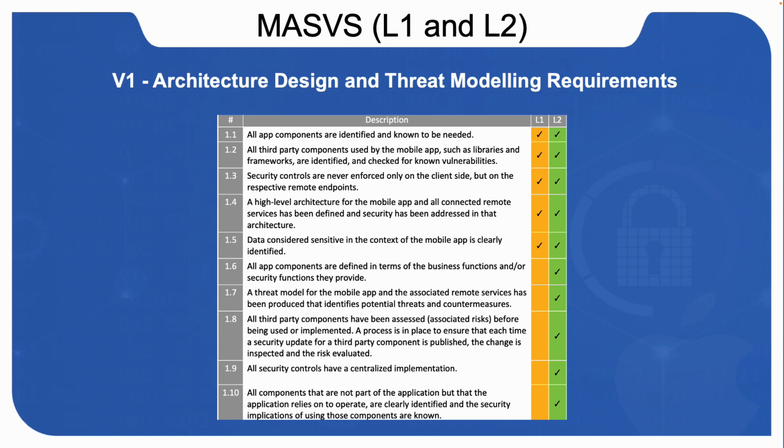When establishing the architecture of a mobile application, MASVS mandates that certain procedures be in place to guarantee that security has been taken into consideration across all the stages. And here you can see a sample checklist with the description of each control objective and whether it applies to level 1 or level 2.